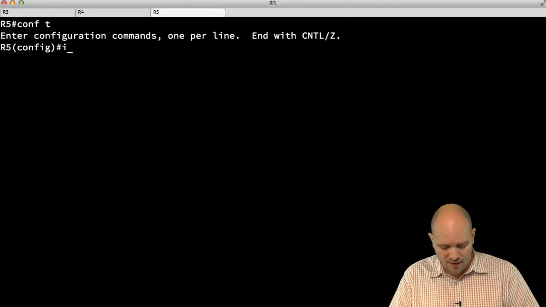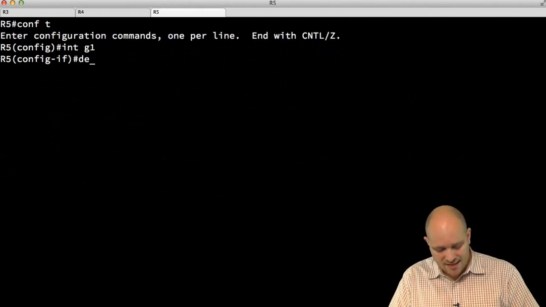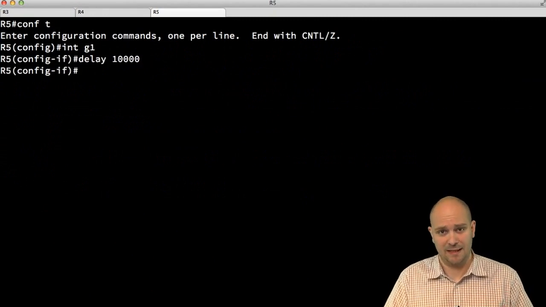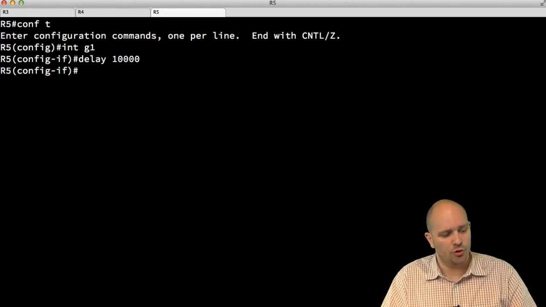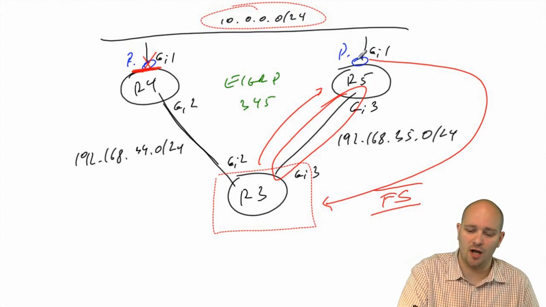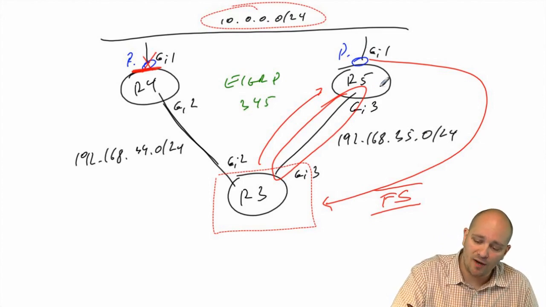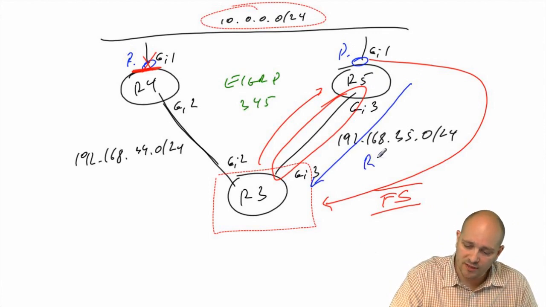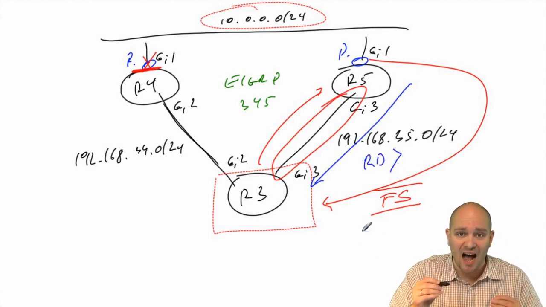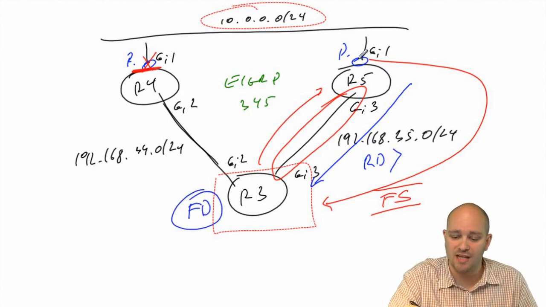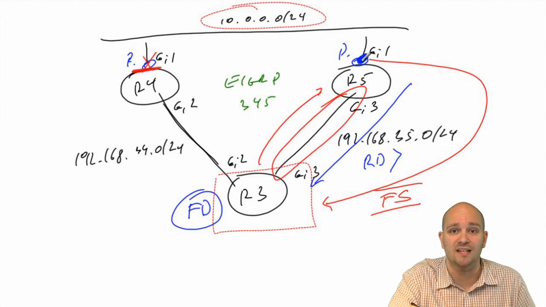And now I'm going to go to R5, and on R5 on interface gigabit 1, I'm going to increase delay significantly. Now, what this is going to cause on R5 is that when R5 advertises this prefix to R3, this reported distance is now going to be higher than the actual feasible distance that R3 has, because I have modified the metric on this interface.